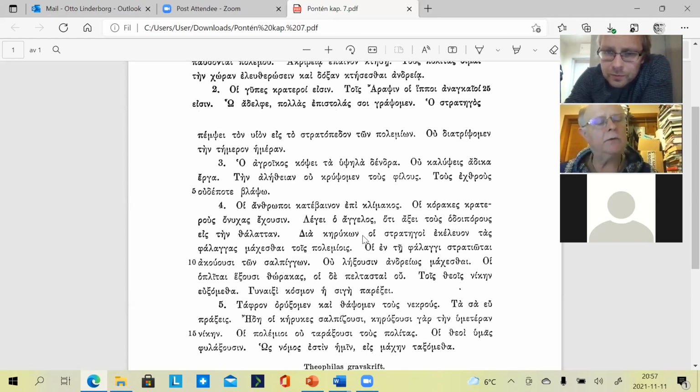But then ekeleuon, I can't work out what that is. So this is the predicate, the finite verb, the guiding verb. What tense is it to begin with? It looks like an imperfect, so it has this augment.